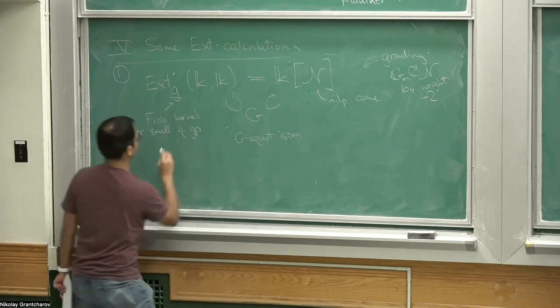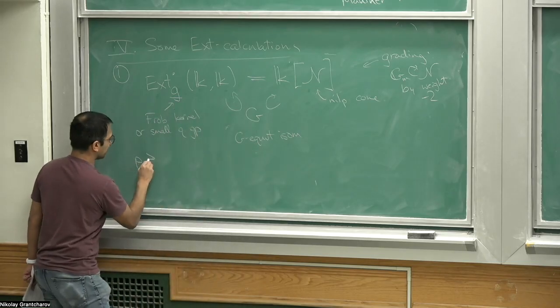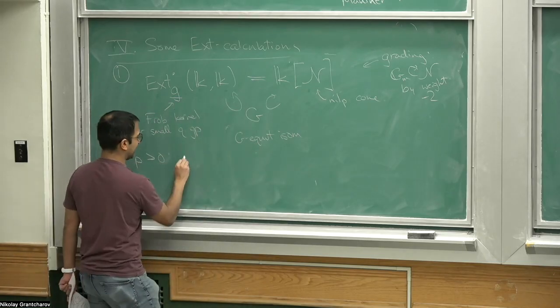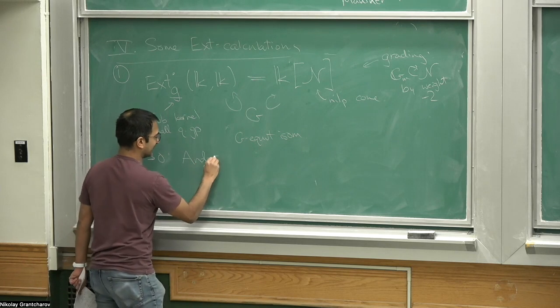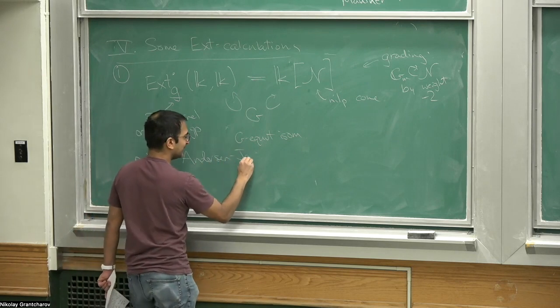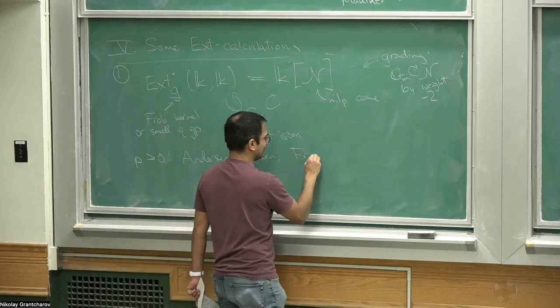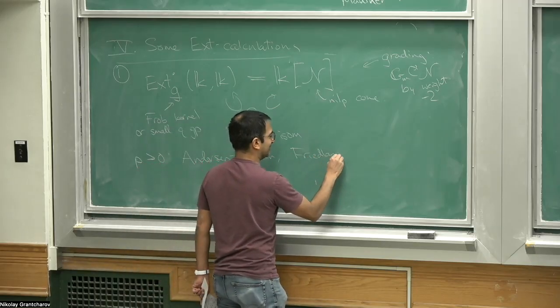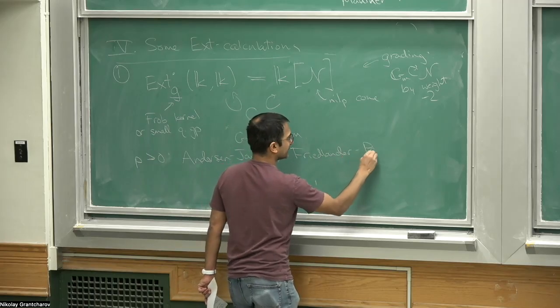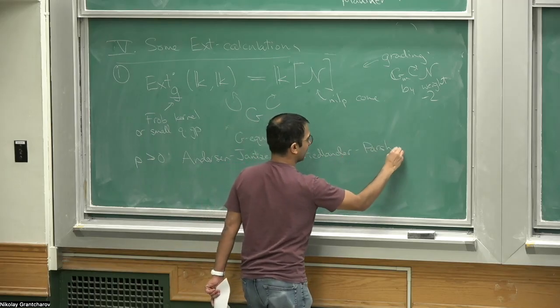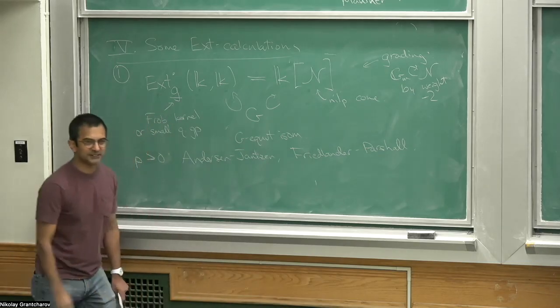And this theorem, in positive characteristic, is from the mid-80s, and there are 4 names that go with it. So this was proved in a paper of Andersen, Jantzen and also Friedlander, Parshall, and I never remember.